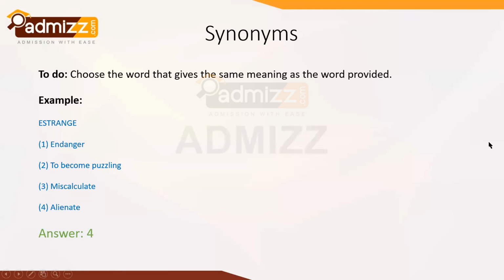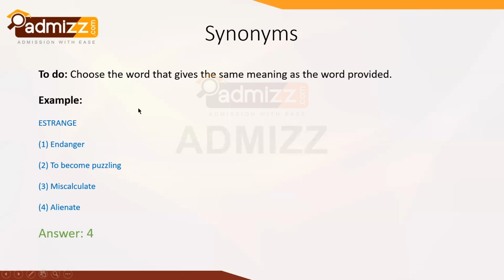And next up, we have finished with antonyms, and now we'll be moving on to synonyms. Now, synonyms are the exact opposite of antonyms, right? In antonym problems, you had to find the word which meant the exact opposite of the word provided, while in synonyms, you have to choose the word that gives the exact same meaning as the word that's given in the problem, right?